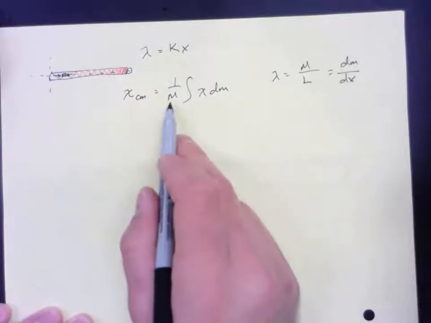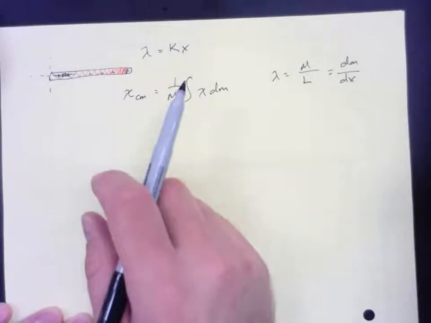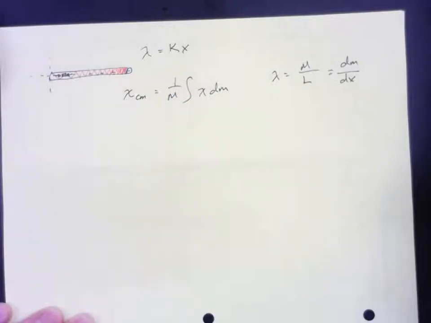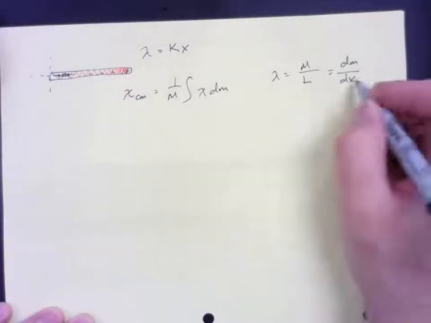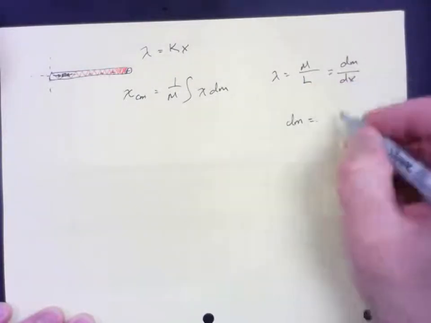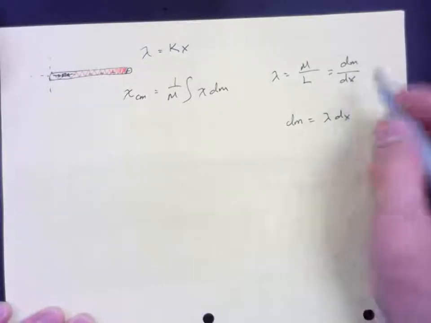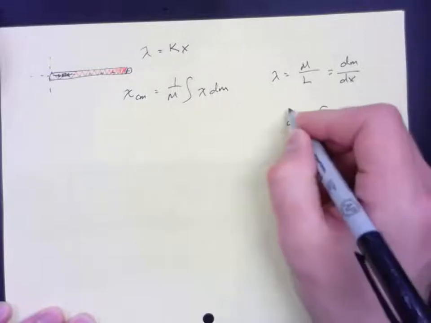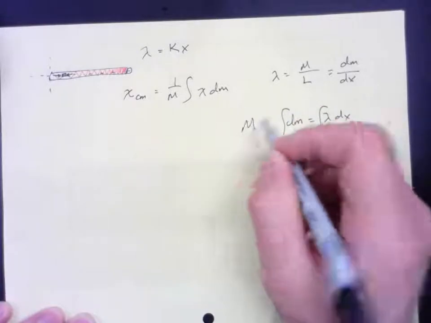So we don't know the mass, but we do know the density. So we have to start substituting things out to get rid of that mass, or we have to find out what that mass is. It looks like we can figure out what the mass is, so that if I rearrange this so that dm is equal to lambda dx, and we take the integral of both sides, if I add up all the little pieces of mass here, I will get a total mass.